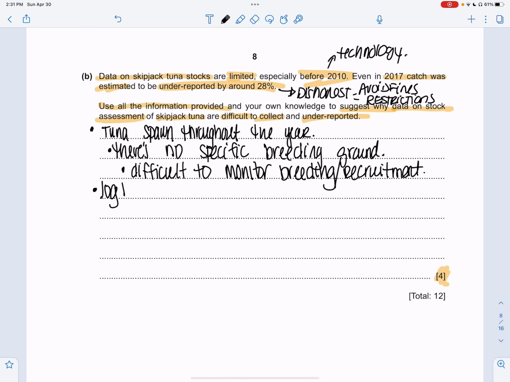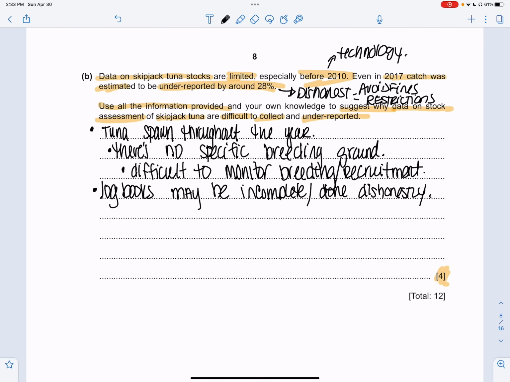I think some of the easiest ones are the next marked logbooks, maybe incomplete, or done dishonestly. And then we need to say why we would be suggesting that, because this would decrease the chances of restrictions being introduced. They want to avoid fines.